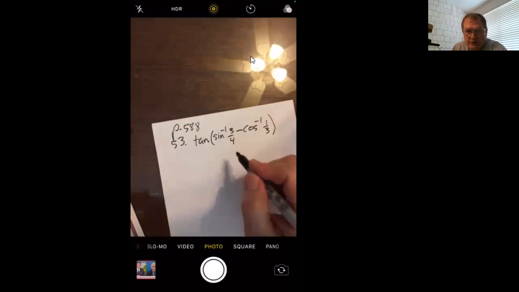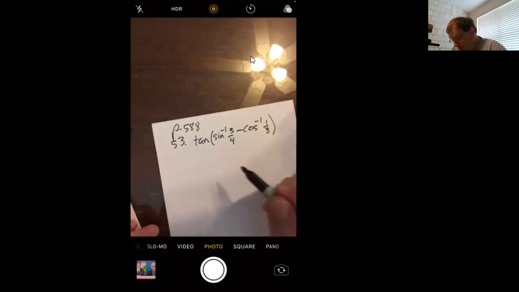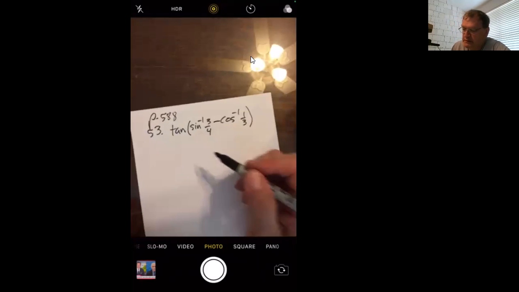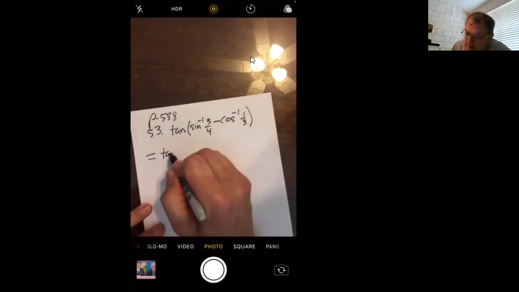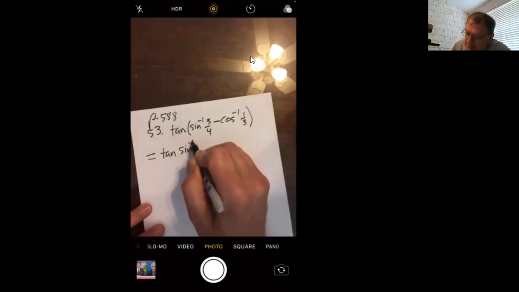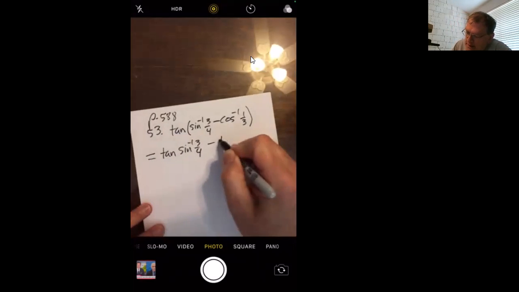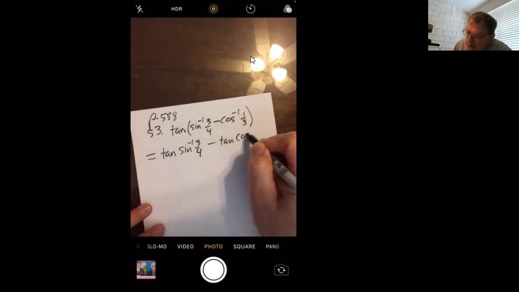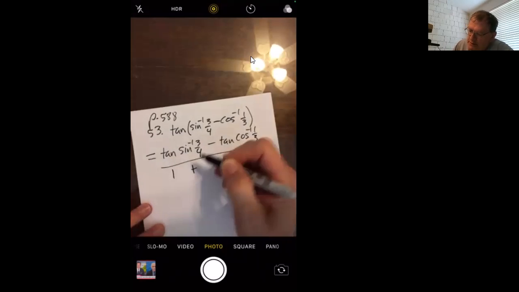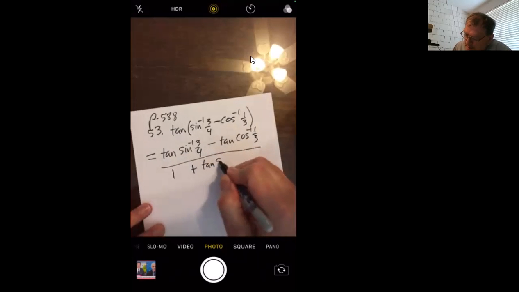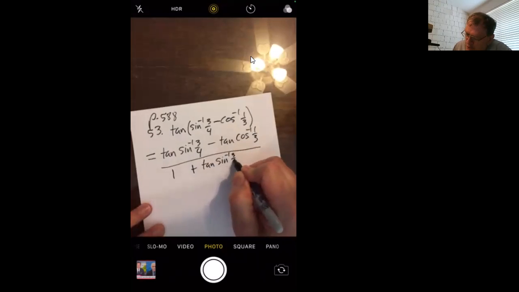And again, you could always bust it into a sine of this over a cosine and work it that way, but it seems a lot longer. Let's use the straight tangent formula. Tangent of arc sine 3/4, minus tangent arc cosine of 1/3, over 1 plus the product.